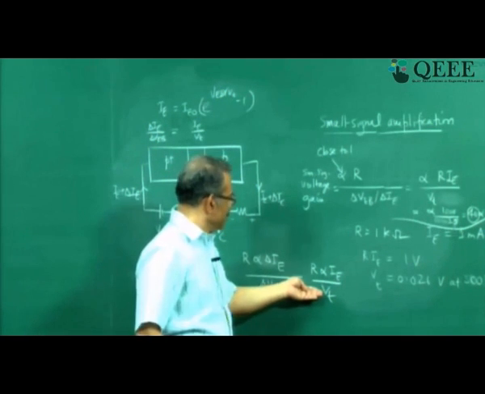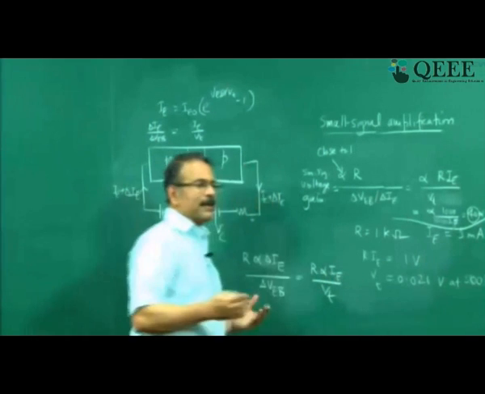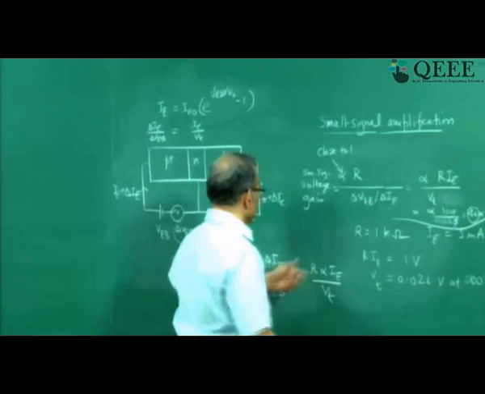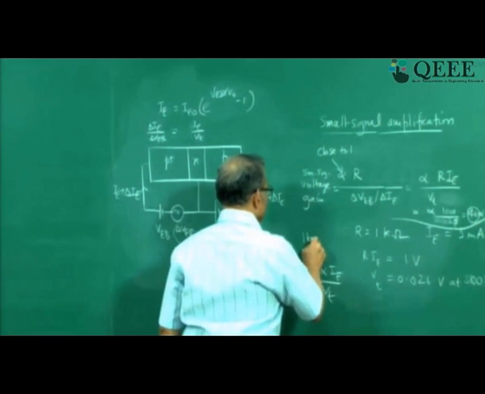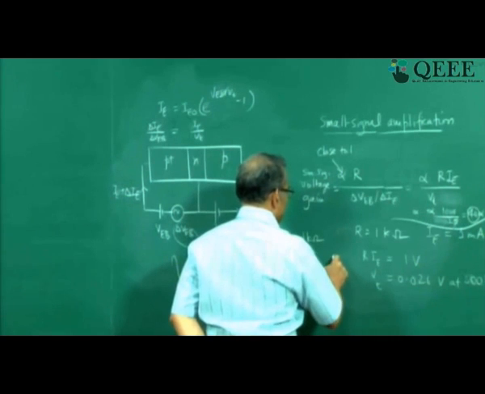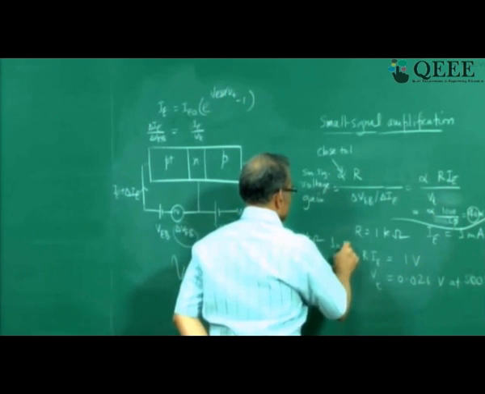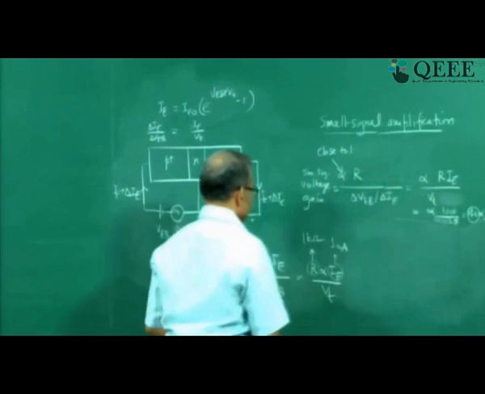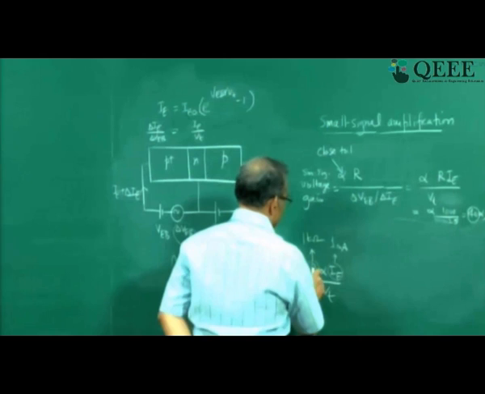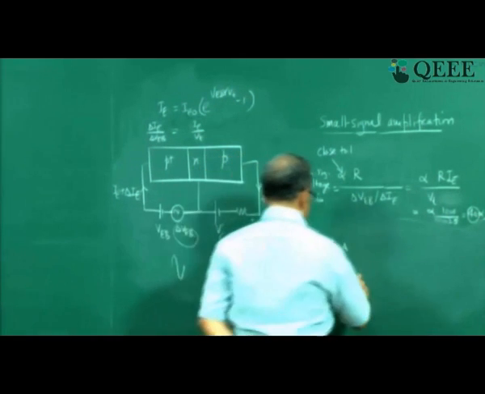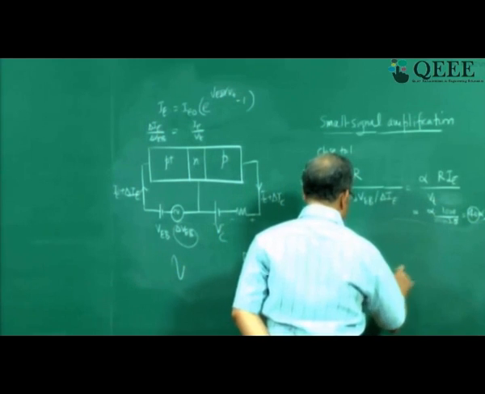Now suppose we take some typical values which we use in practice. Resistance is 1 kilo ohm, and the emitter current, I take 1 milliampere. So how much is 1 kilo ohm into 1 milliampere? It is 1 volt. So the numerator is alpha into 1 volt.